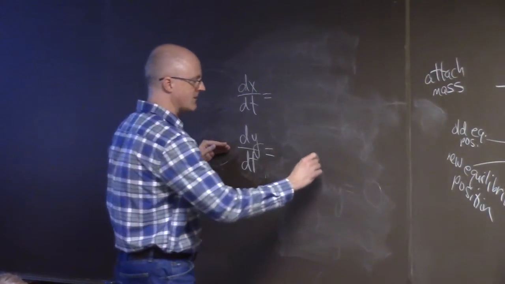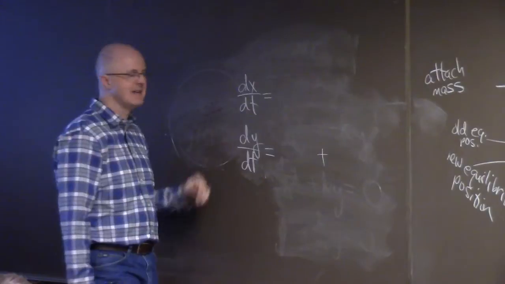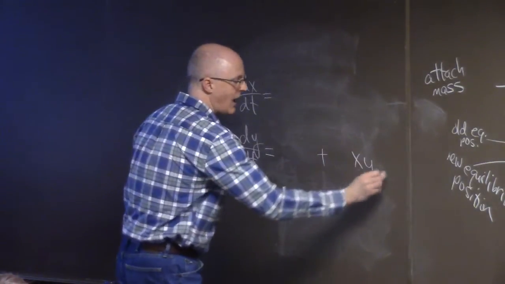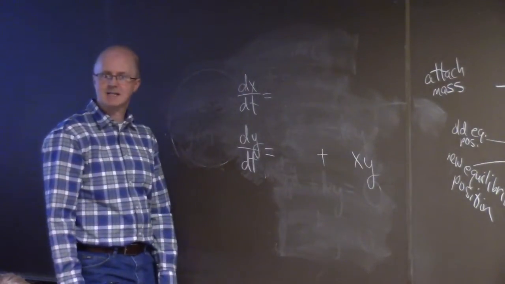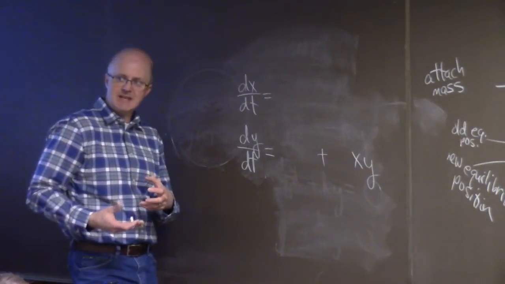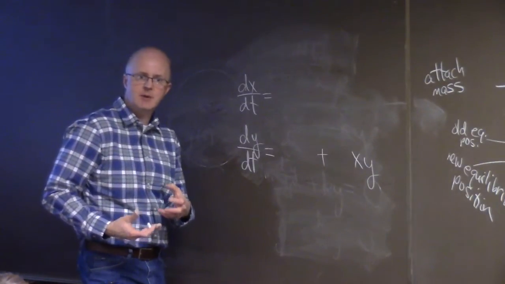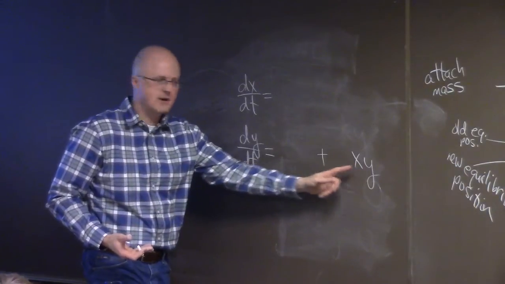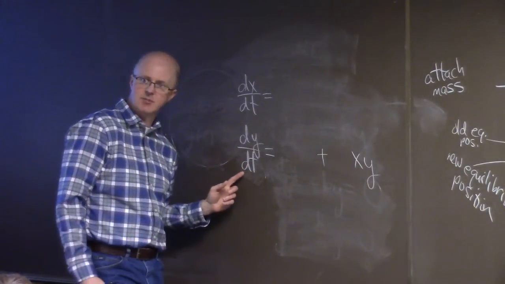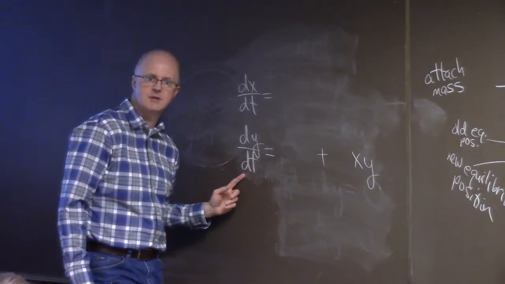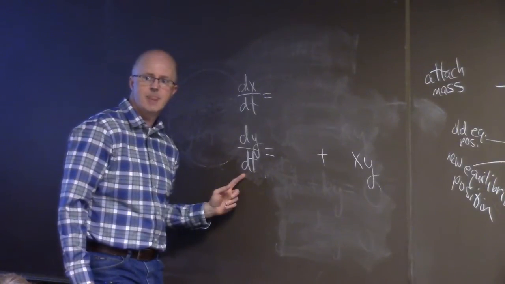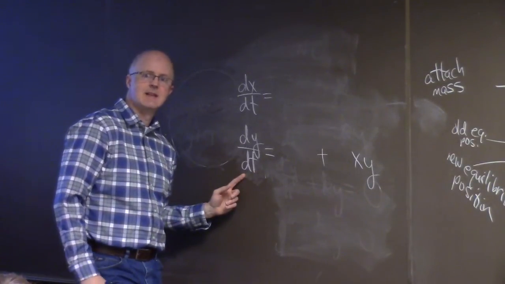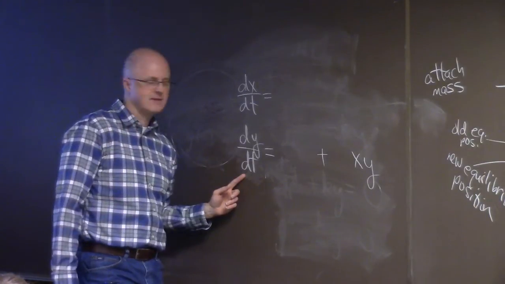Leave a little space here if you're writing stuff down. Put a plus sign. There's an XY term to keep things as simple as possible that reflects interactions between X and Y, between the predator and the prey. When X and Y are both large, this is going to be a large quantity, which means it's going to result in perhaps dy/dt being large, causing the predator to benefit.